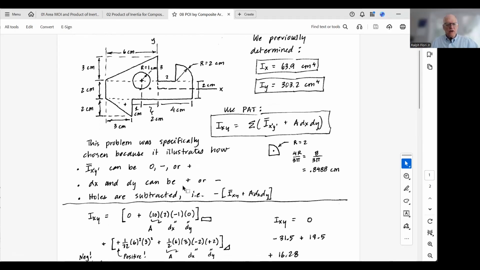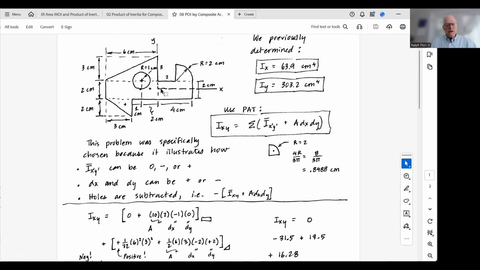And so keep in mind, I bar xy, the centroidal IXY for each sub shape can be 0, positive, or negative. And that's true of several of these. dx and dy can be positive or negative.